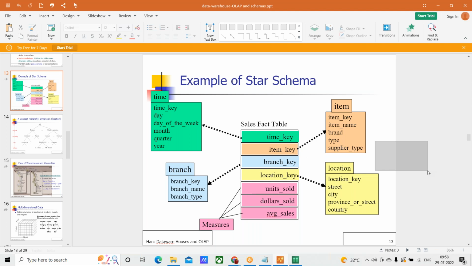You can do that because this is granular. Granular means the next level. This is the high-level supplier type, but in the supplier you are further dividing into supplier ID, supplier name, and the items supplied by each supplier. That is the next level, meaning the finest granularity.